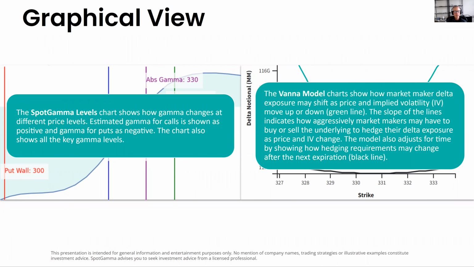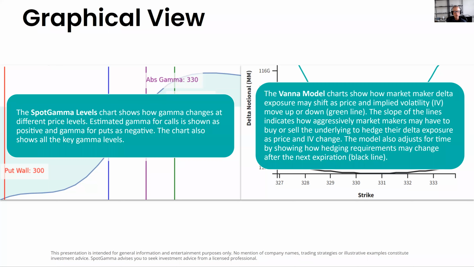So again, showing how market maker delta exposure may shift as price and implied volatility move up or down. That's shown by the green line for the current expiration. The slope of the line indicates how aggressively market makers may have to buy or sell the underlying to hedge their delta exposure as price and implied volatility change. And again, that's the green line.